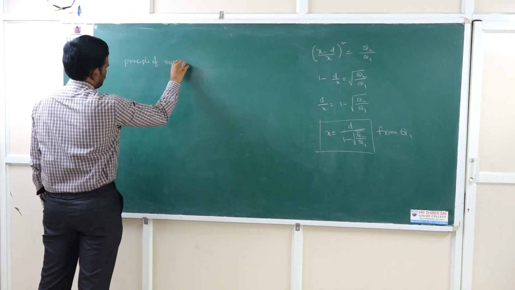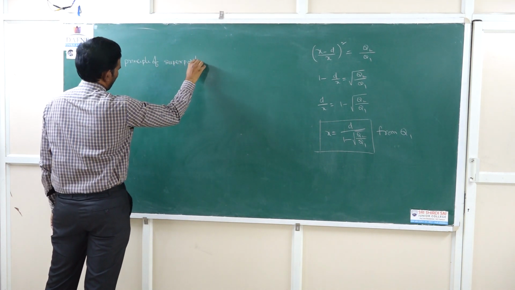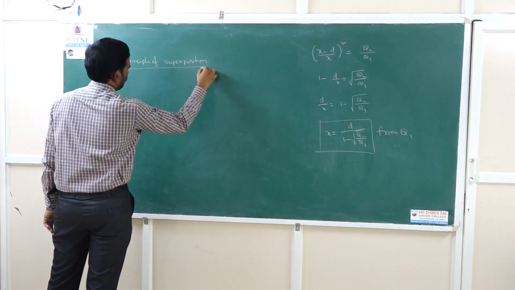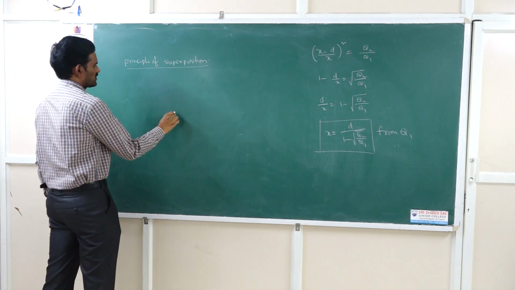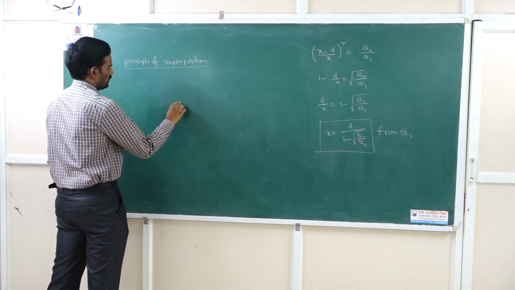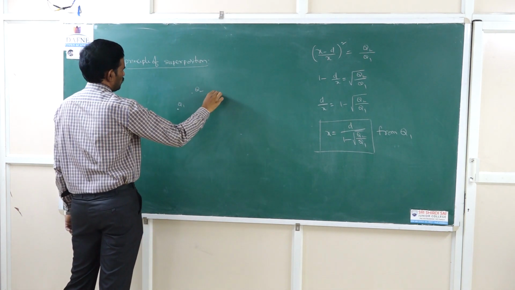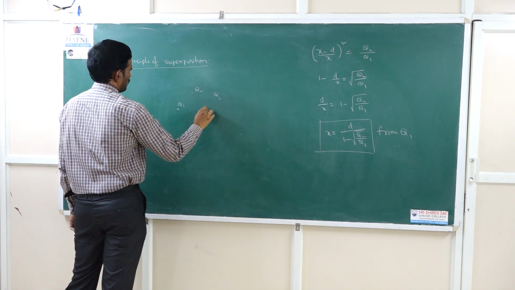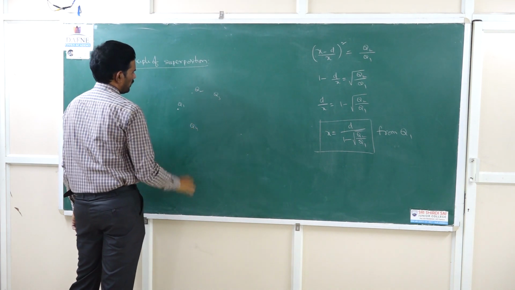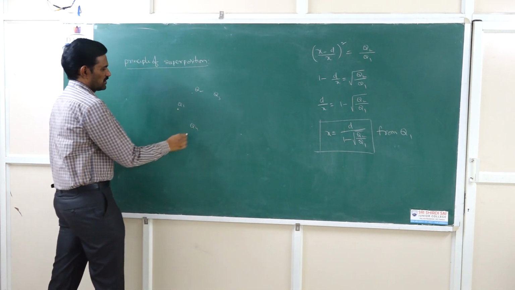So, principle of superposition. When a combination of charges is there, like Q1, Q2, Q3, Q4, different charges are here.